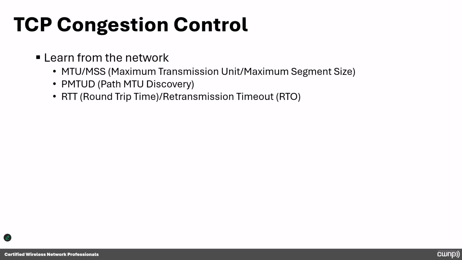And the reality is that to calculate our retransmission timeout in TCP, we don't just look at a single round trip time. We do what's called smoothed RTT or smoothed round trip time.